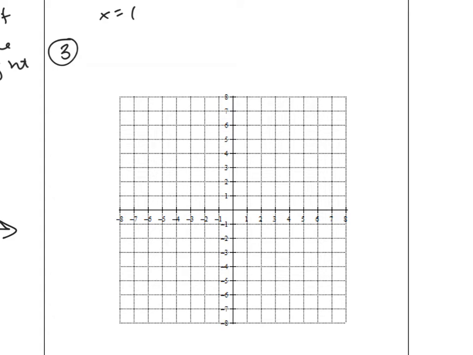So what that means is we're going to shift up 3 units. All right. So now we can start doing our first point. We're going to shift right 1 and go up 3. So 1, 3. So right about here.